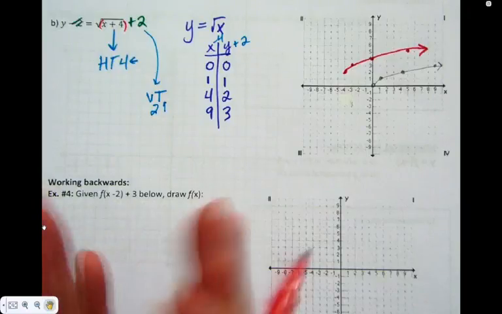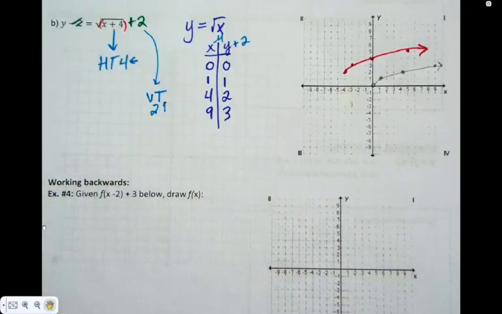So even if you did the coordinates, you should have the same points at the end. Look away. Look back. Did you pick this up and did you move the graph 4 to the left and 2 up?